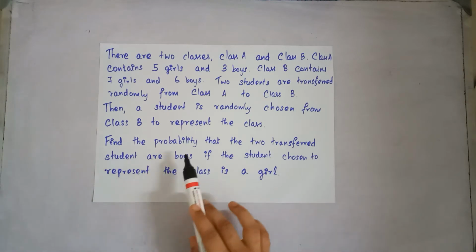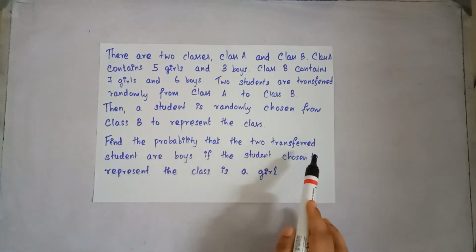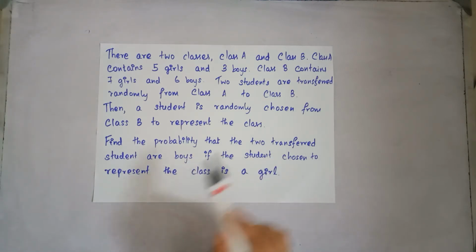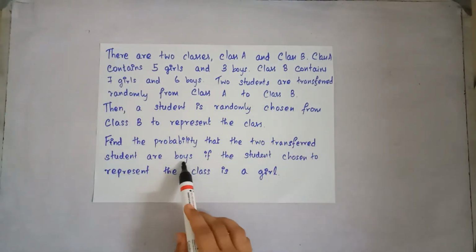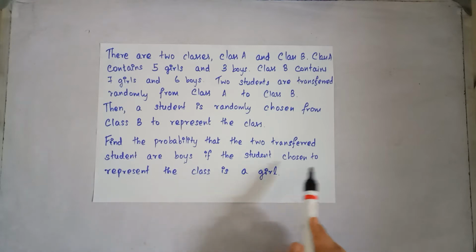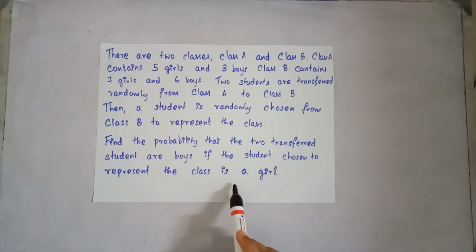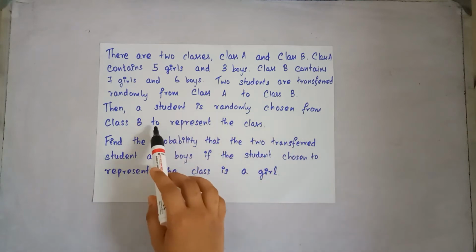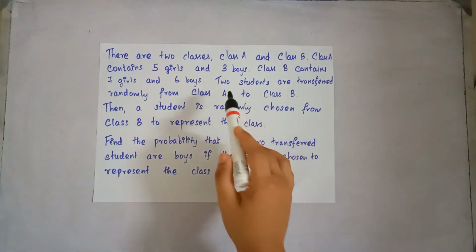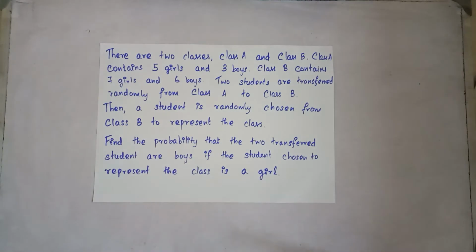So they want you to find the probability that the 2 students who are transferred from A to B are boys, if the student chosen to represent the class is a girl. If the student who is chosen randomly is a girl, what's the probability that the 2 students transferred randomly from A to B are boys? Okay, so let's tackle it event by event.